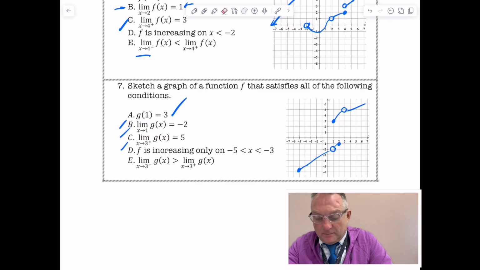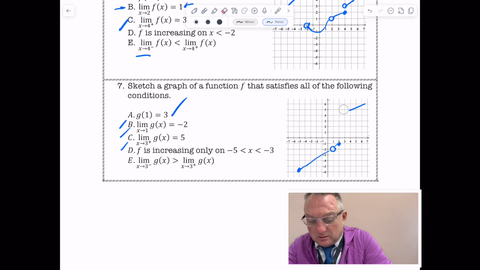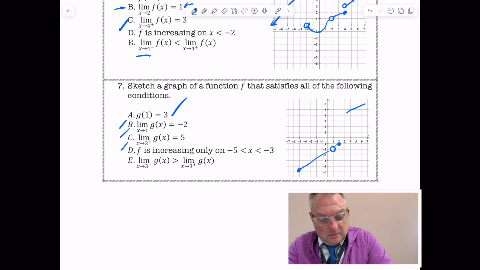And then I have to have it going from the limit of 3 from the positive side is smaller than from the negative side. So this is tricky to draw because I'm going to make that a little bit smaller, because it had to equal 5.